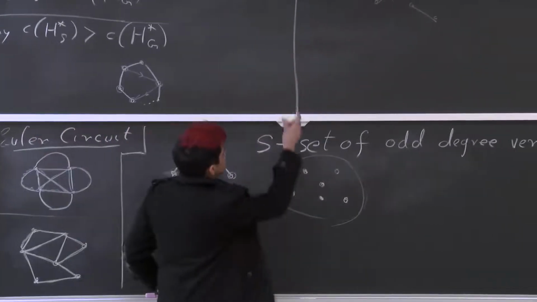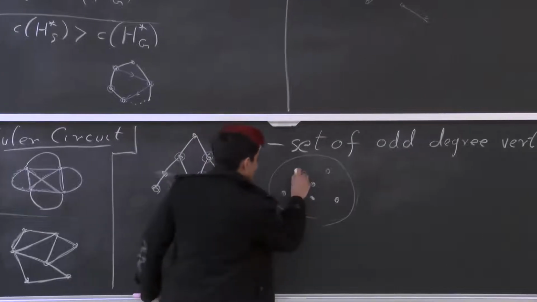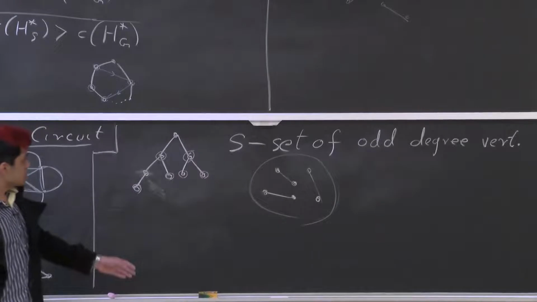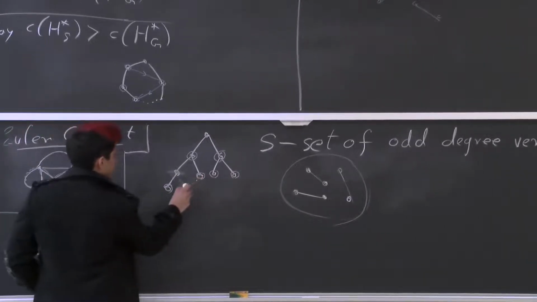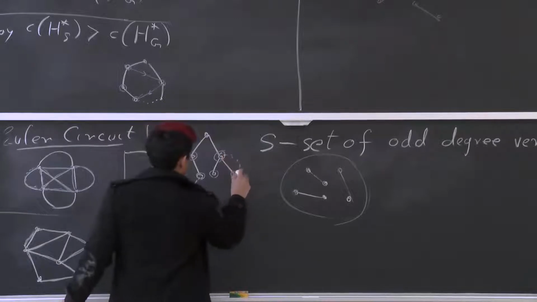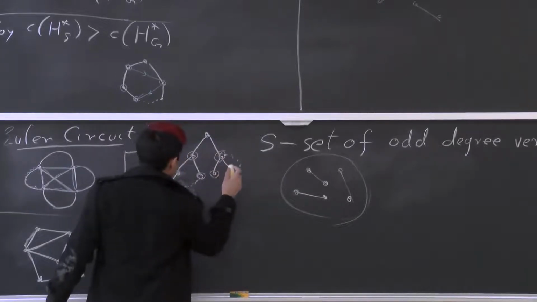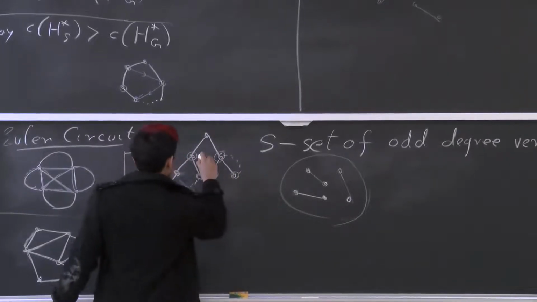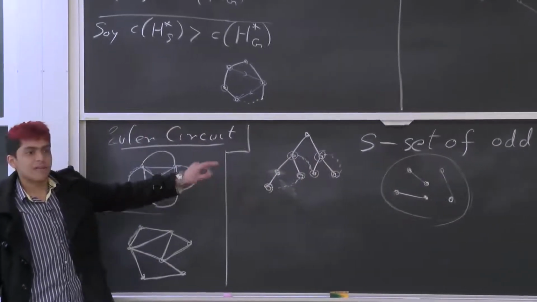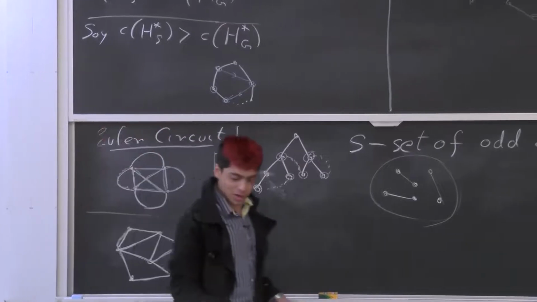Now you find the perfect matching with your polynomial time algorithm, and you get something. So you can now add those edges back in here. So these are your new edges. So you get 3 new edges, and now realize that all the degrees are now even. So now you can do your circuit.